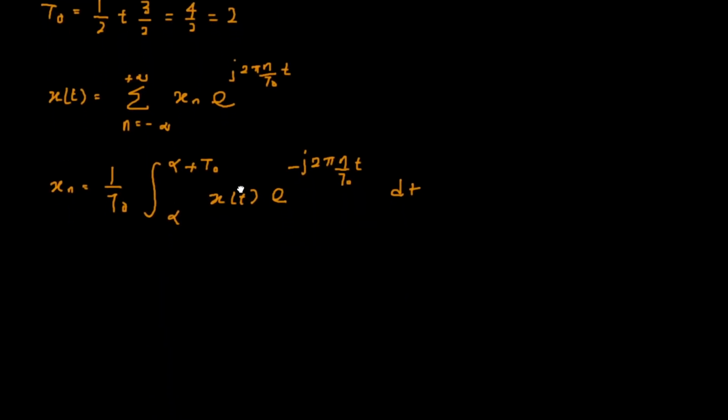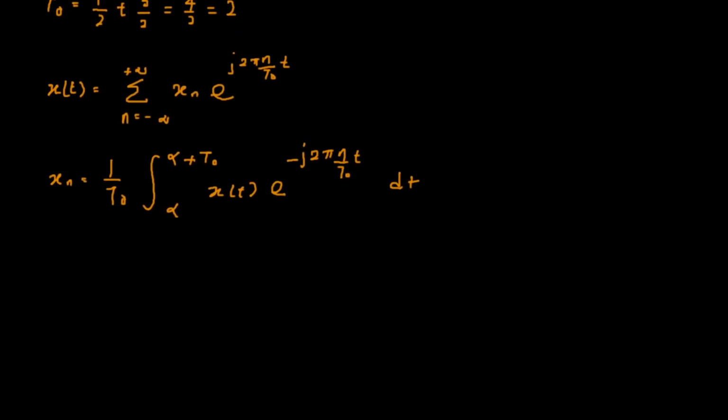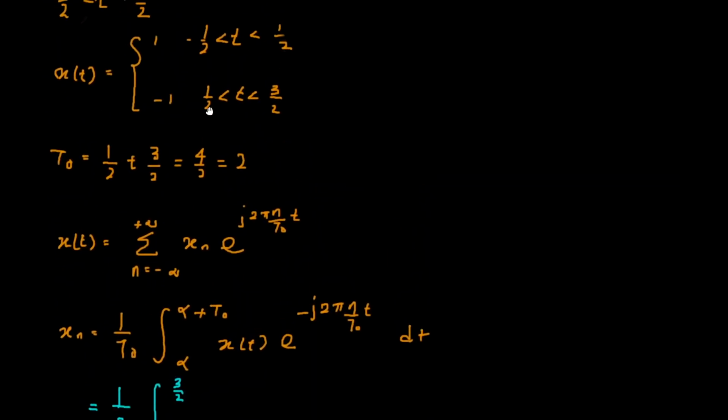Basically, I wanted to do this integration. T naught, we know, is 2. The range that we have selected is from negative 1 over 2 to positive 3 over 2. For this range we have two different x(t) values, which are positive 1 and negative 1. So that's why we have to refer to this one.